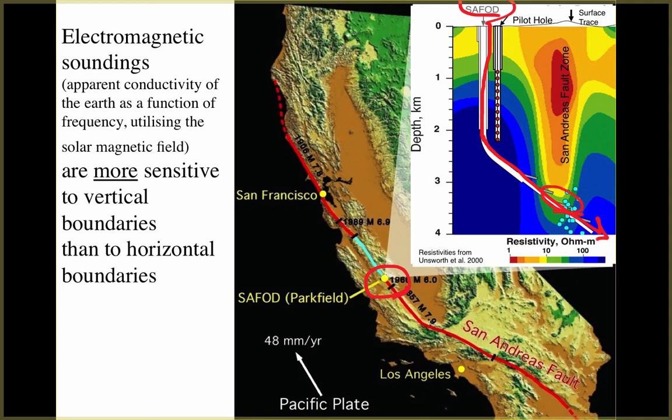A couple of slides earlier I showed you how hard it was for seismology to image the near vertical boundary of the San Andreas Fault. But electromagnetic data are an excellent way to image vertical fault zones.